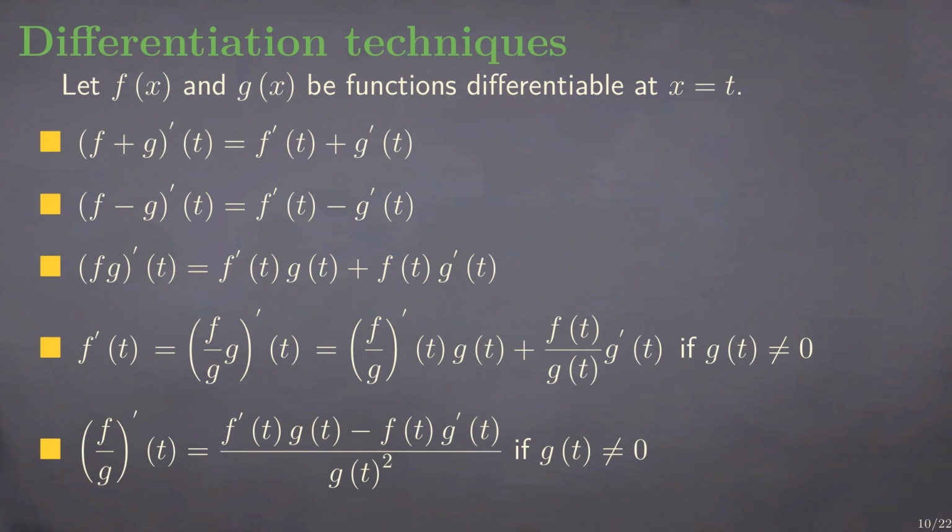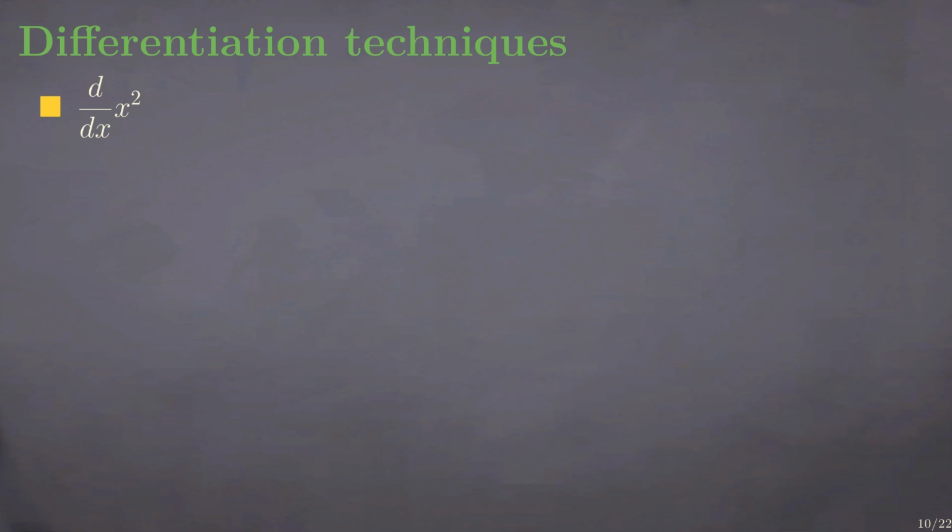Okay, so let's try to apply these properties, these techniques, in order to compute some specific examples. Now let's try to compute d over dx of x squared. Okay, so x squared is nothing but x times x, so we can use the product rule in this case. That's the Leibniz rule that we need. Because we know that d over dx of x is 1, the final result should be 2 times x.